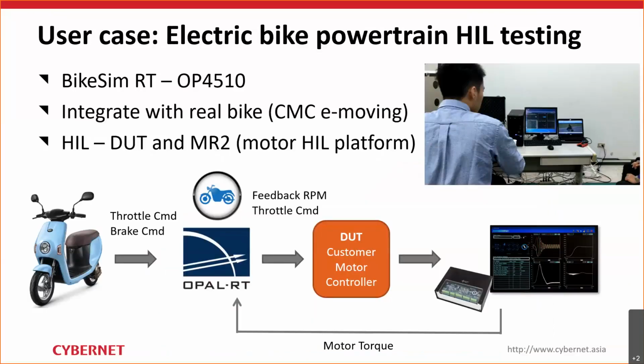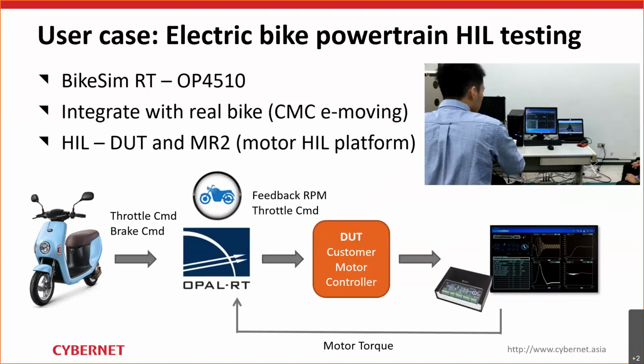For this case, it's also a HIL case. We use VeriStand, OPAL-RT target to simulate a real bike. We also use NR2, which is a motor real-time simulator. In this case, we connect the real-time target to a real throttle handler and brake handler.